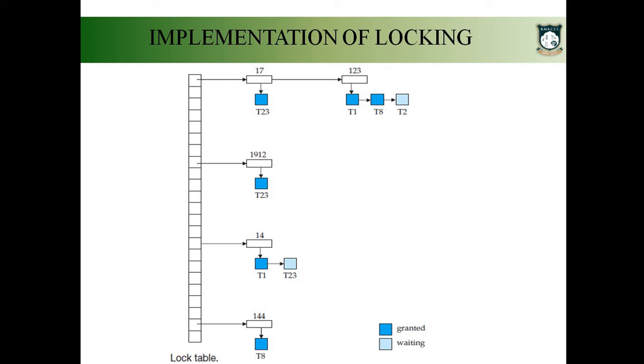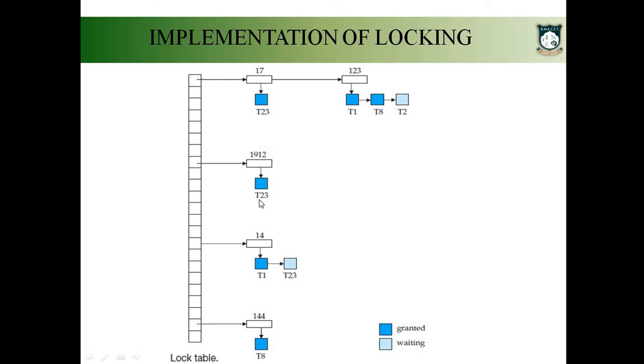Now what will we be doing? You apply the data item to the hash function, and the hash function gives the same address. Now we go here. This data item has already been locked by T23. If it is already locked, you have to check whether the requested mode is compatible with the locked mode.